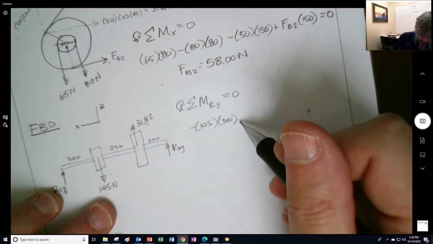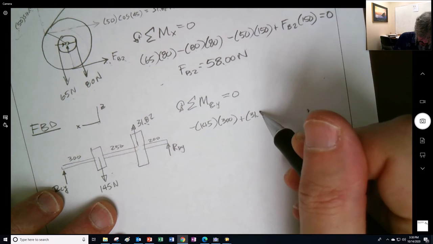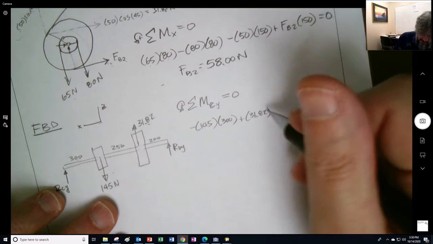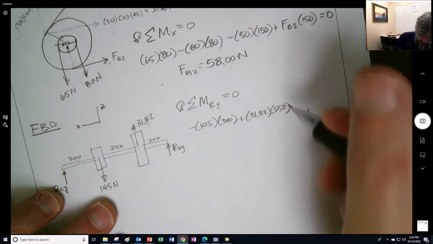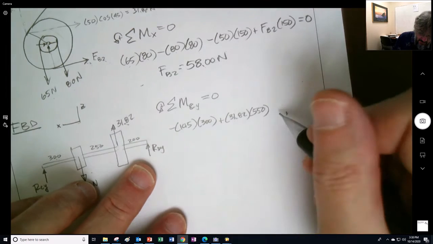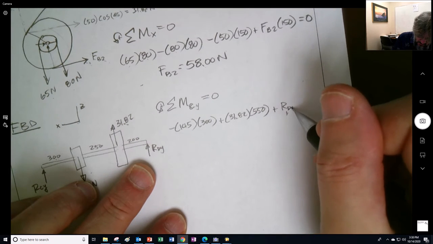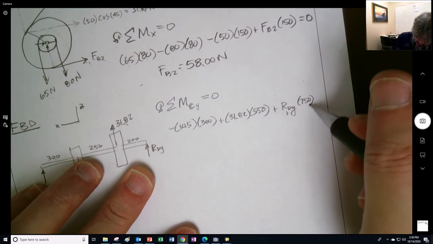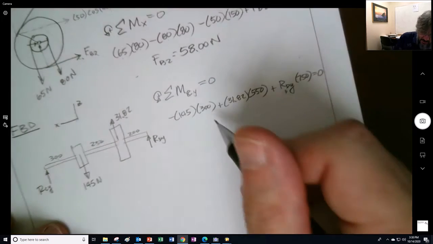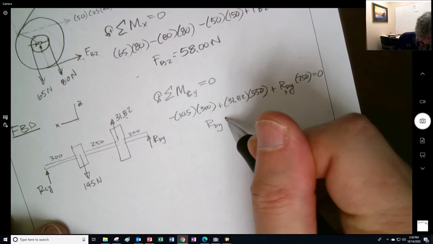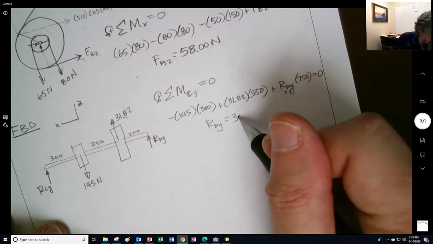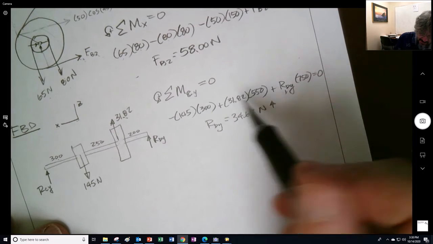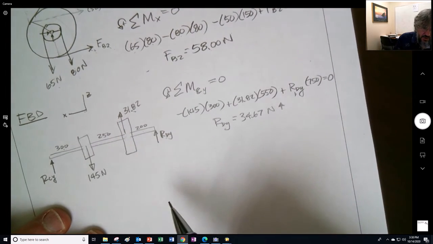And then we have a positive 31.82, and it's going to be 300 plus 250 or 550. And then we have, this is also positive, this R dy, and we add another 200, so that's 750, equal to 0. And we find that our R dy is 34.67 newtons. And by the way, we got a positive answer, so we did choose correctly here.